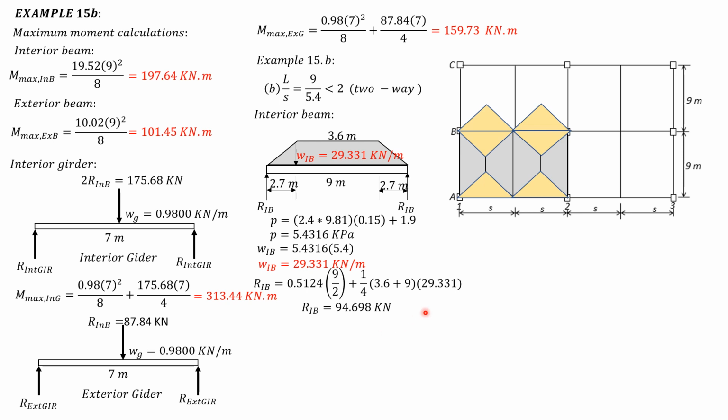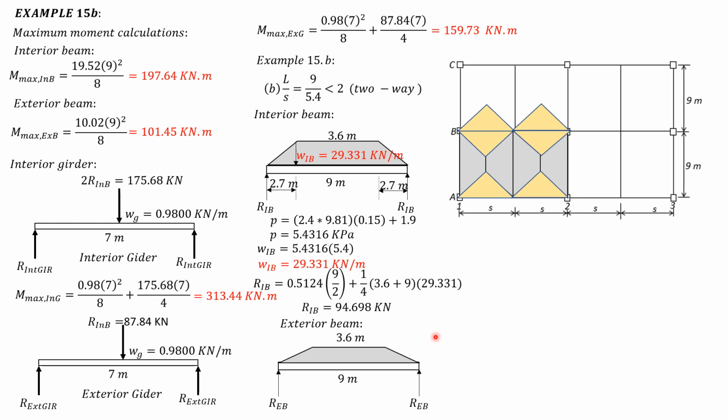Then for the exterior beam, we have the uniform weight of the beam. We have a trapezoid, but the height is shorter. The height is half of the intensity of superimposed load for the interior beam.